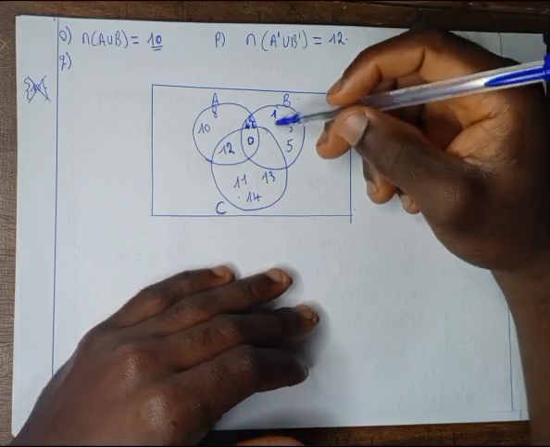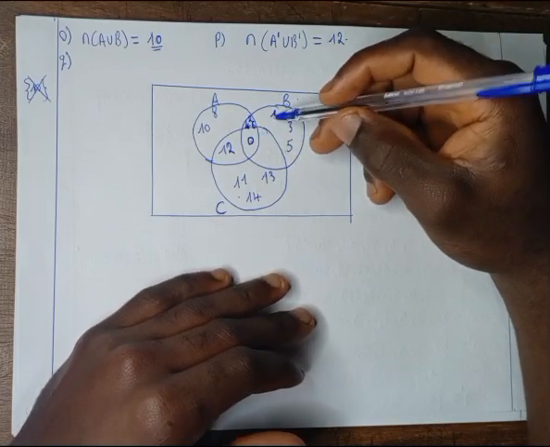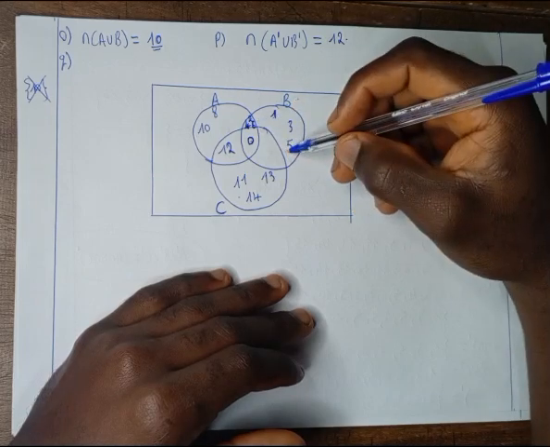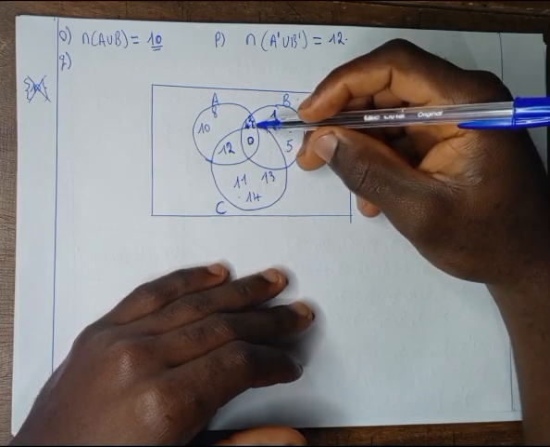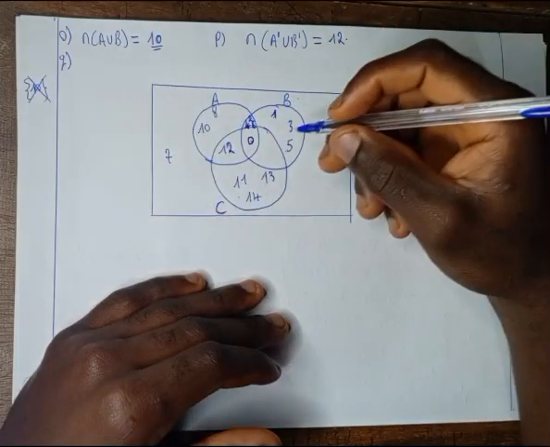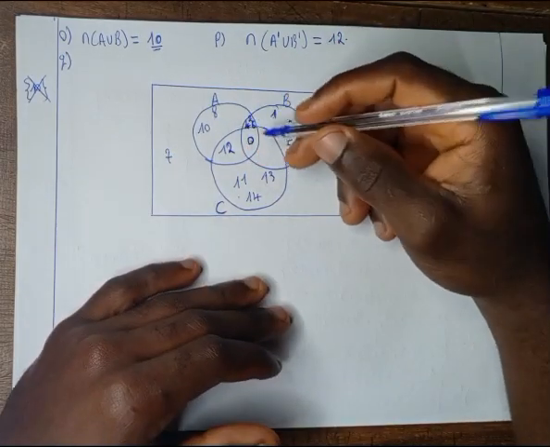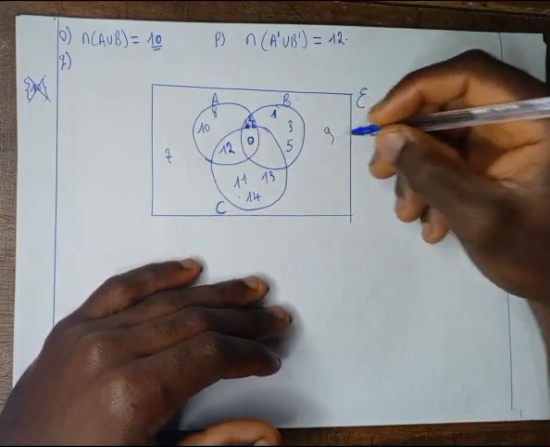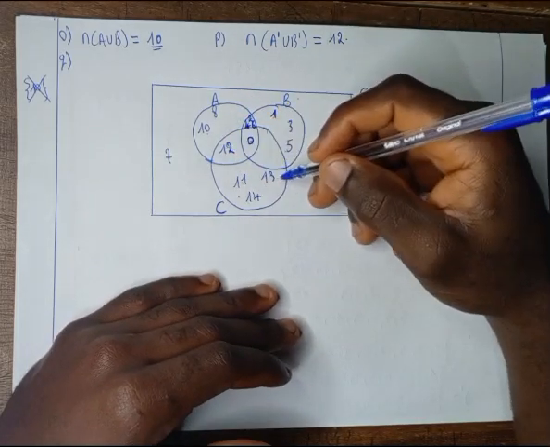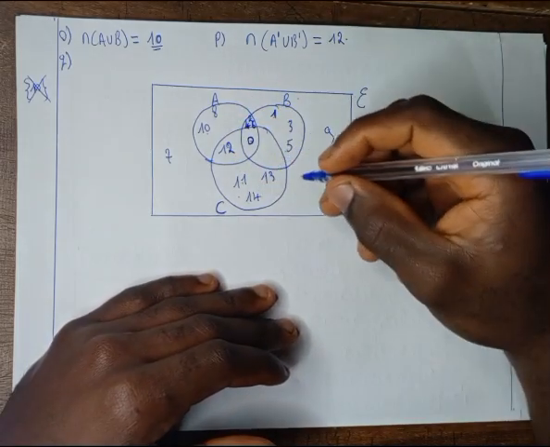We have 0, 1, 2, 3, 4, 5, 6. There is no 7. We are going to put 7 here. 8. There is no 9. We are going to put 9 here. 10, 11, 12, 13, 14. There is no 15.